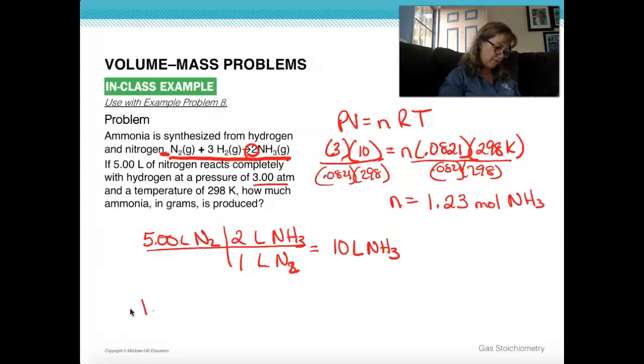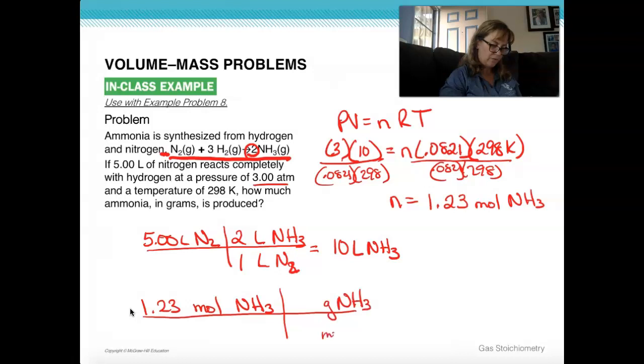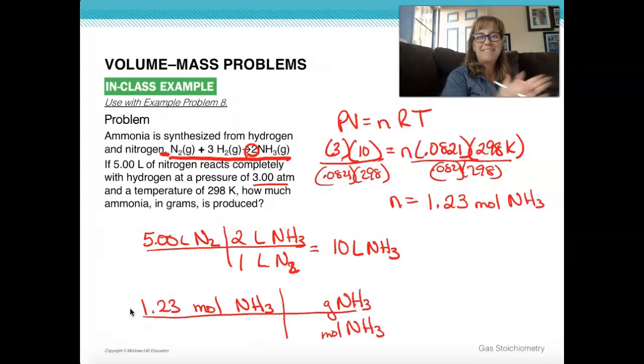Well, if I know I have 1.23 moles of ammonia, I again know how to find grams of ammonia. Hopefully you remember this. How many grams equal how many moles of ammonia? Remember, this is that molar mass, so you'd be using the atomic mass from the periodic table.